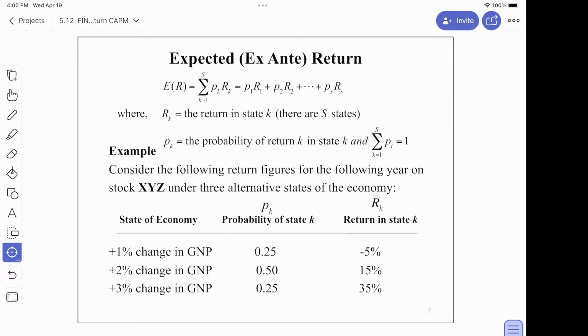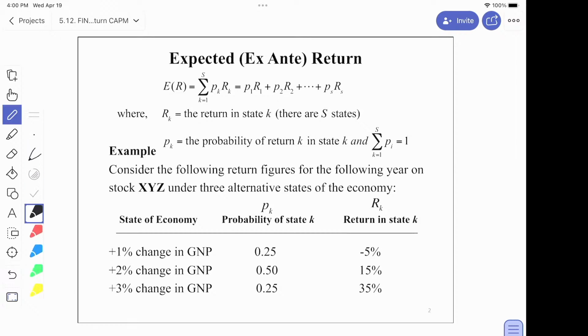We have to use a weighted average then to calculate the expected return, not the arithmetic average where you just add them up and divide by 3. Okay, so this notation at this point shouldn't be confusing to you, because I did review this in the statistics review.